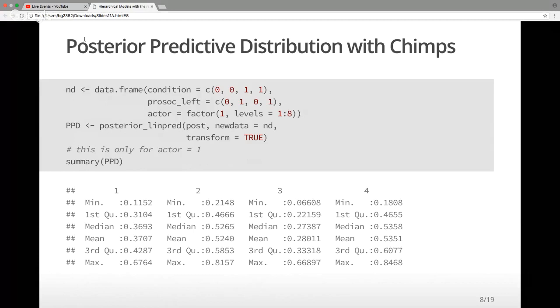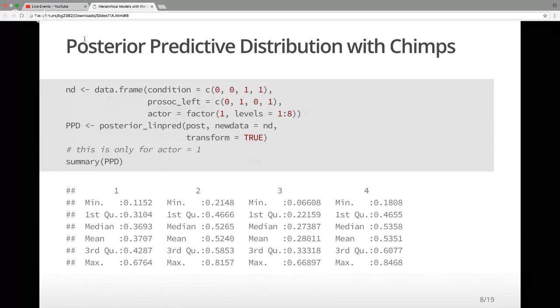So in both scenario 3 and 4, condition is 1, whatever that means. I think it means the other chimpanzee is at the other side of the table. And then are the 2 plates of food on the left or on the right? Left if it's 1, 0 if it's right. And so for the probability that the chimp in that situation pulls the lever on the left, the median and the mean are up above 0.5.